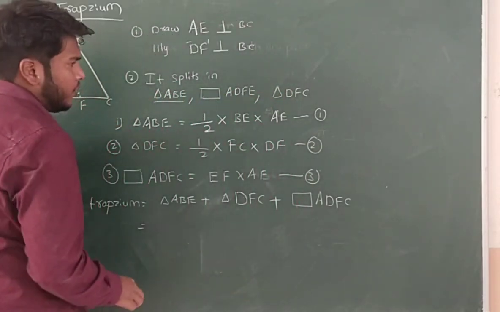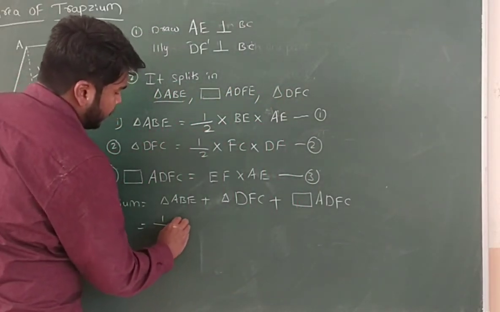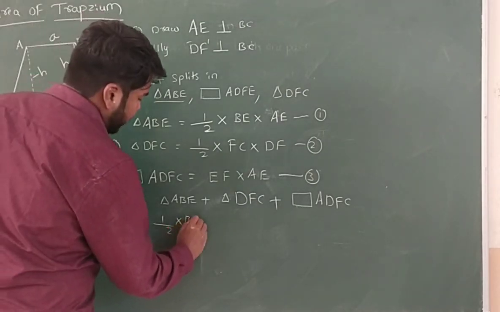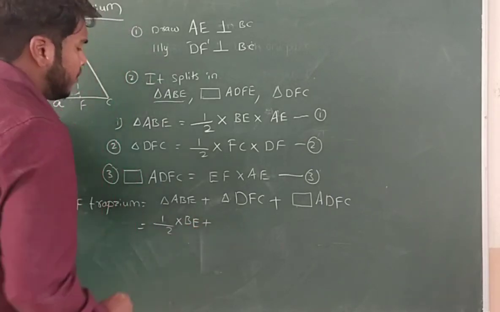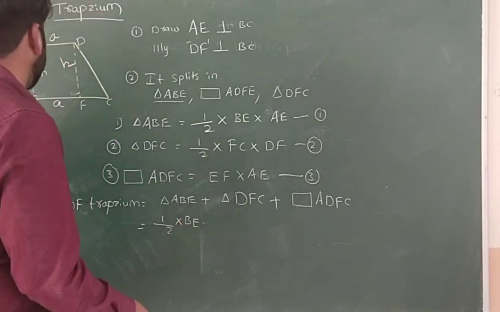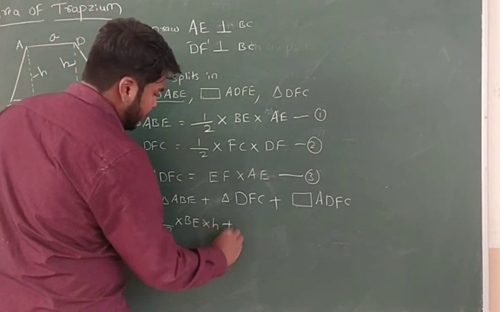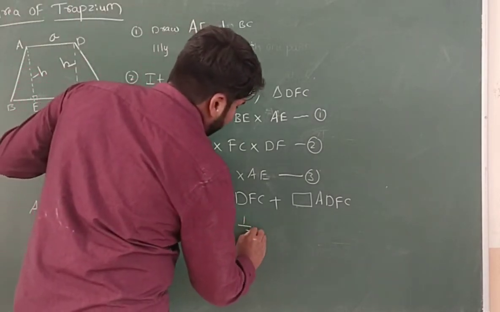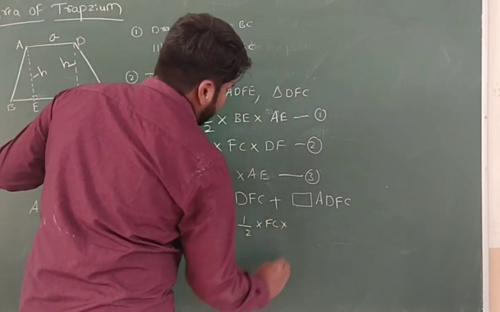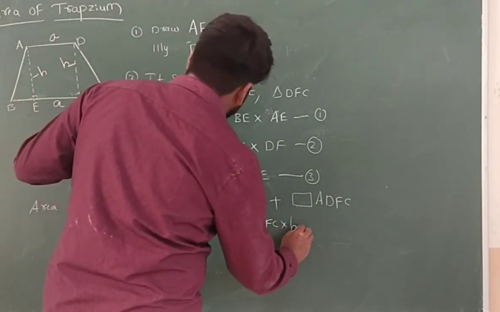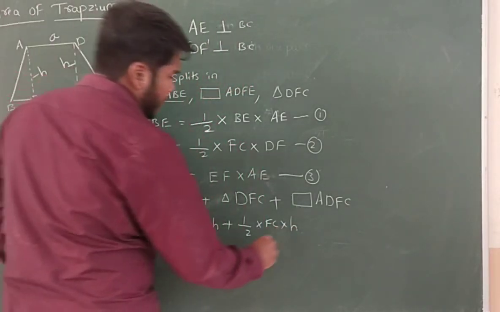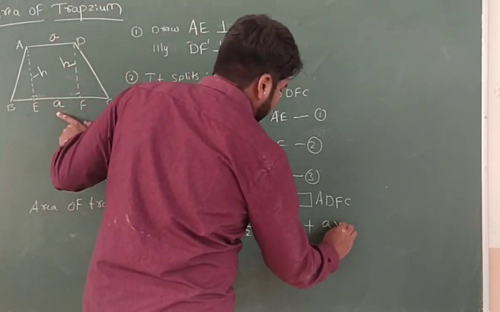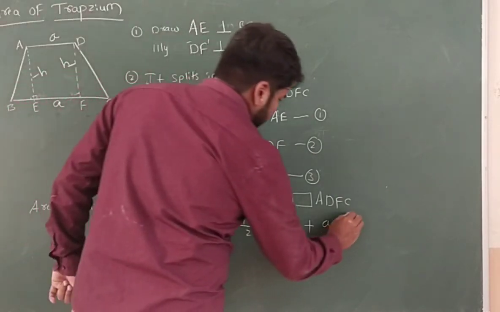Area of triangle ABE is half into BE into AE, where AE is h, plus half into FC into DF, where DF is h. Similarly plus base into height, that is EF, which is a, into h.